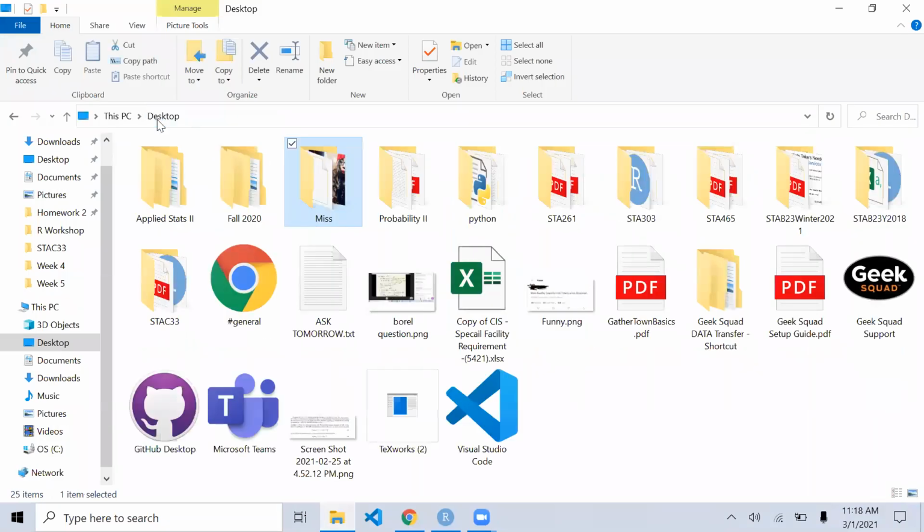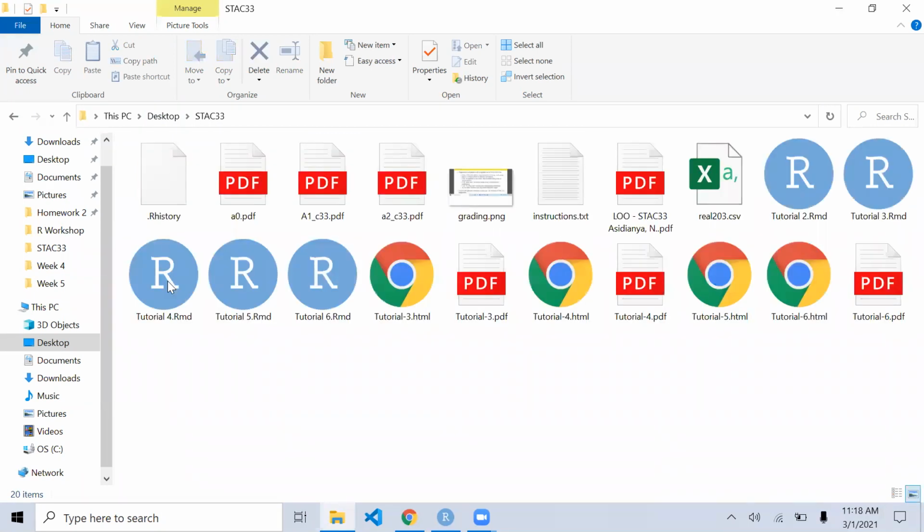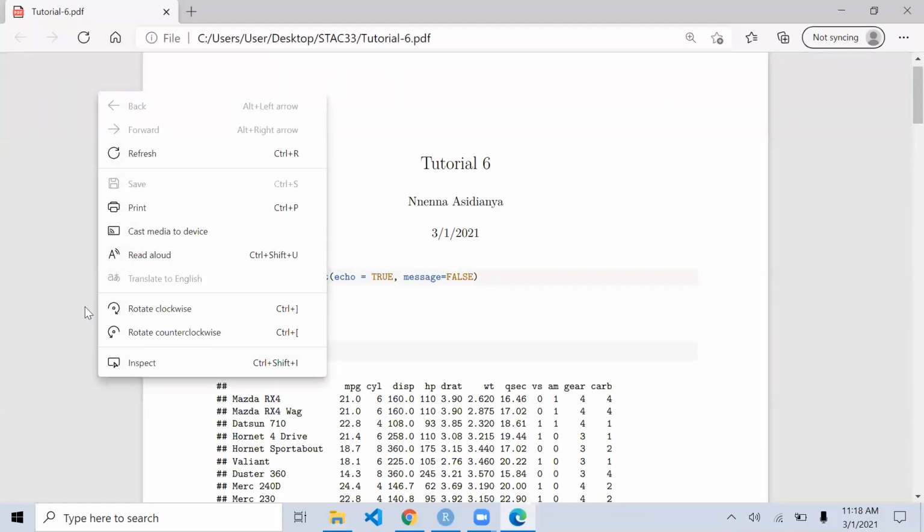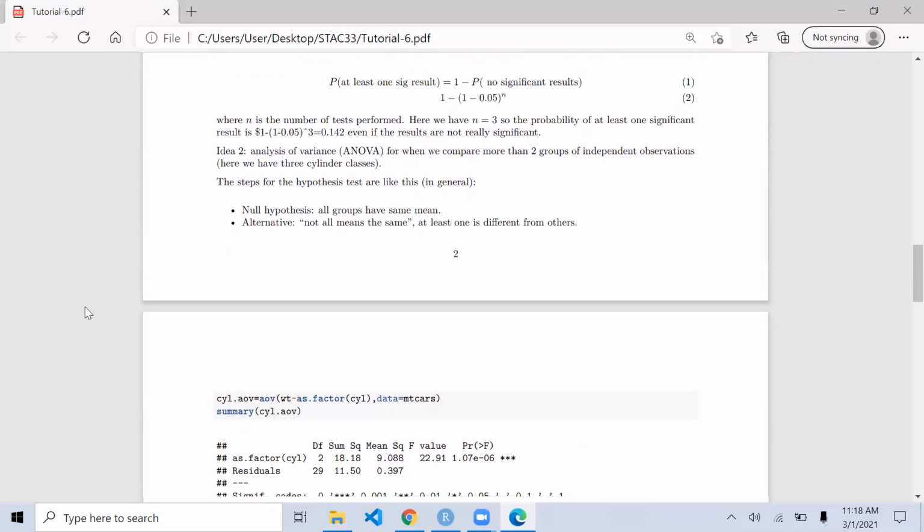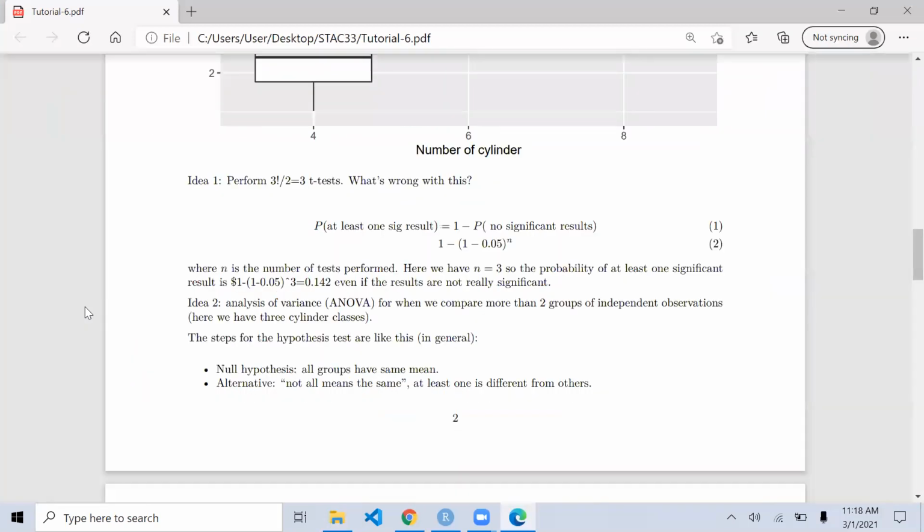So I'm going to show you how it looks. I'm going to pull up the file and give you a quick mathematical justification as to why there's an issue. So if I pull up my PDF here that I've knitted, you can see that the issue is this.